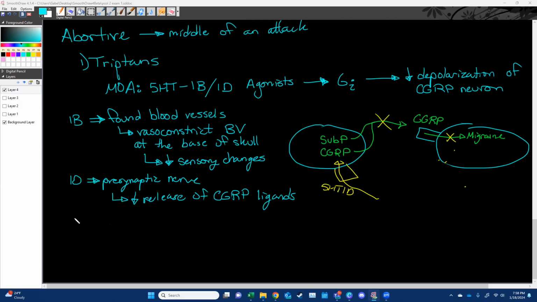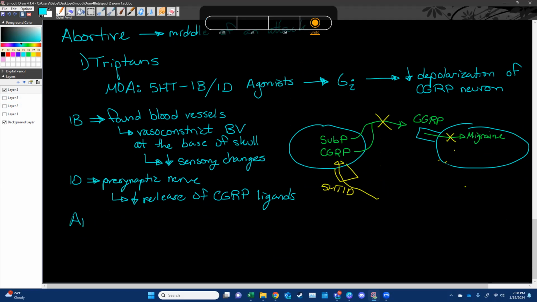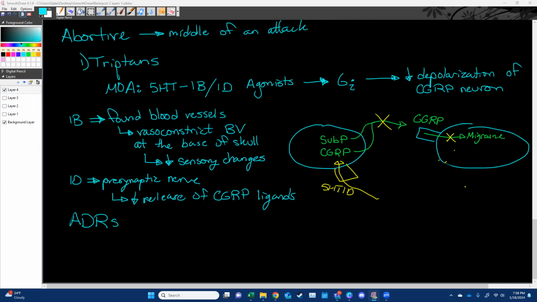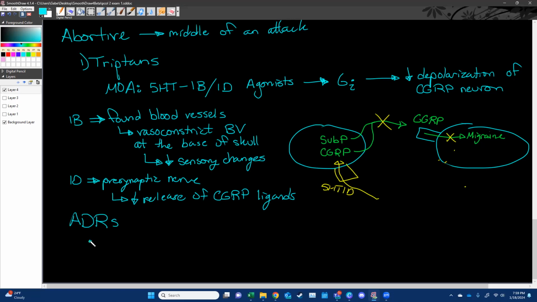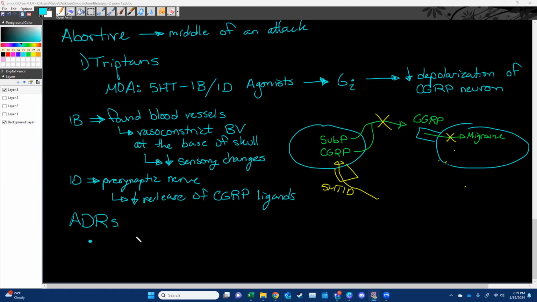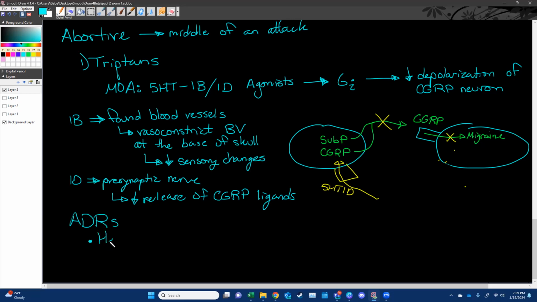When we look at the adverse effects, this is where triptans can be a little bit dangerous. The biggest thing that we worry about with the triptans is their effect on the heart.